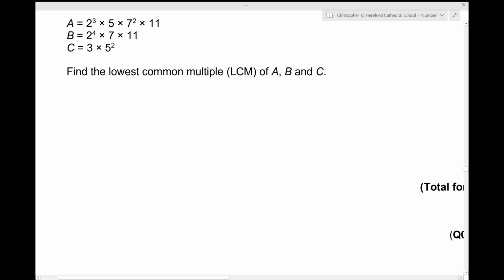Question 12. I've got each of my numbers here written already as products of primes, but I'm going to write them out again, and I'm going to have a column for each of the primes. So I've got A there, B is 2 to the 4, it's got a 7 and an 11, and C has got a 3 and a 5 squared.